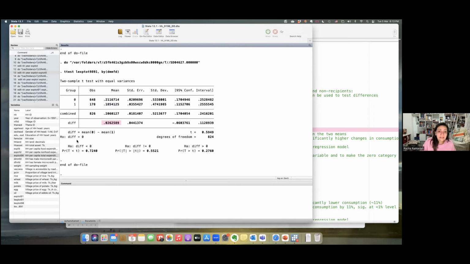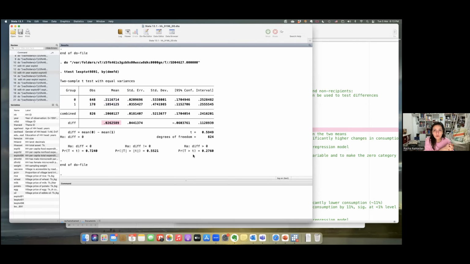And here from the p-values of the t-statistic test, we can conclude what? That there is a difference in the total expenditure per capita of the households who have male beneficiaries and the households who have no male beneficiaries, or there is no significant difference, I mean.